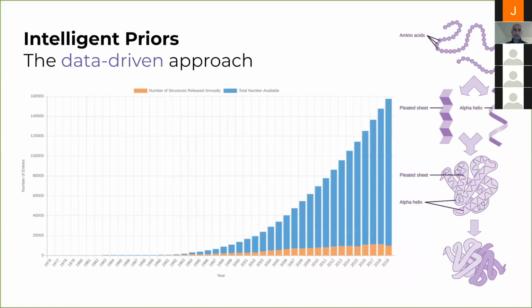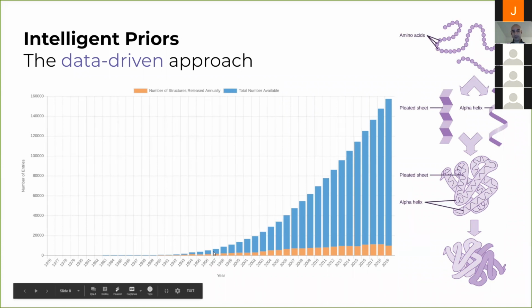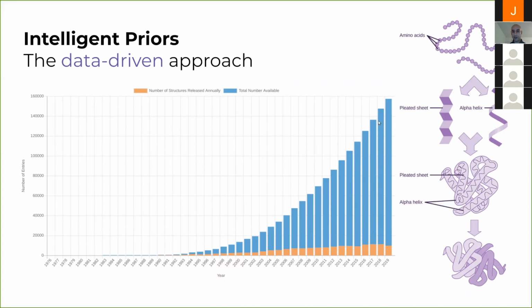But the thing is that this is a very, very poor amount of information that we're inputting into our reconstruction. We know a lot more about proteins and biomolecules in general. We actually have a tremendous amount of information gathered in the PDB data bank throughout the past decades that tells us a lot about how proteins and biomolecules should look like.